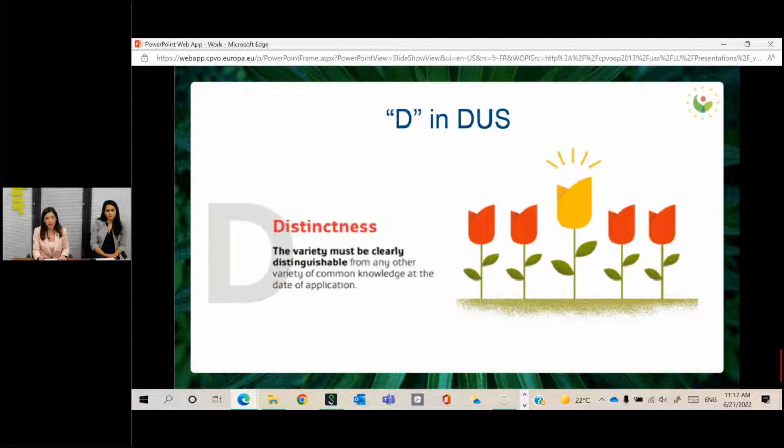The distinctness of a variety is assessed in relation to the varieties of common knowledge. The most similar varieties in the common knowledge are selected. These are the reference varieties, and then the candidate variety will be compared with these reference varieties in a direct growing trial.